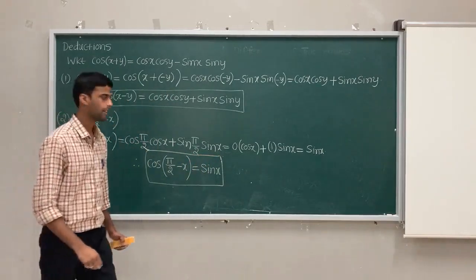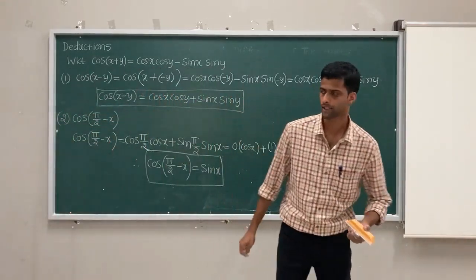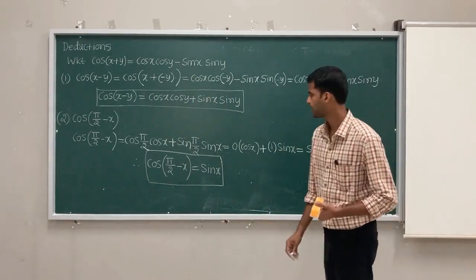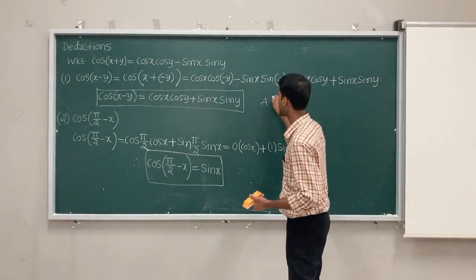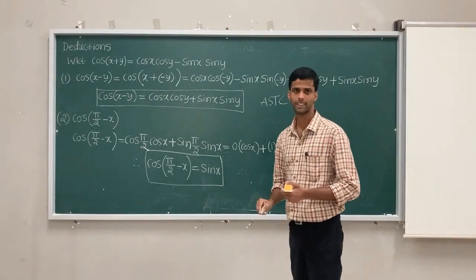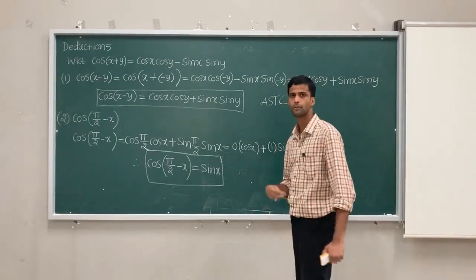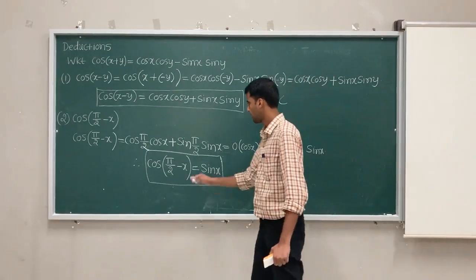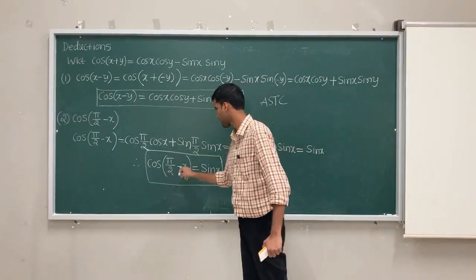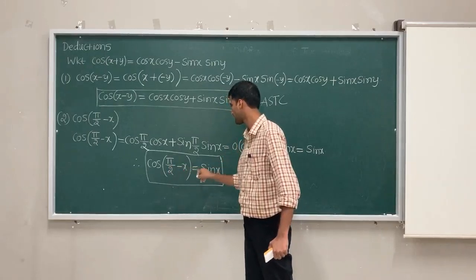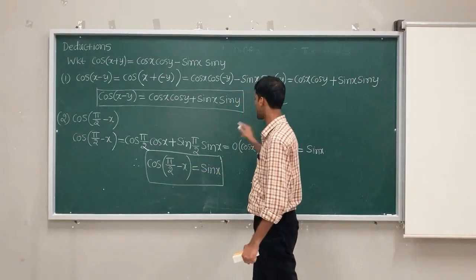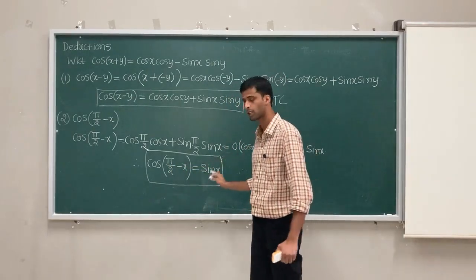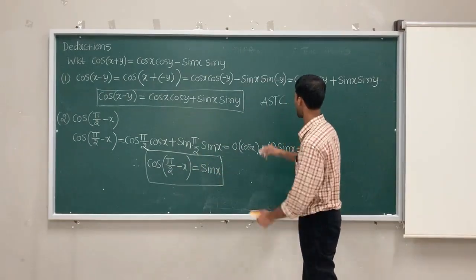Okay. Now, just a few days ago, I taught you regarding the ASTC rule. Yes, I solved a few questions. Now let me check. We already proved that cos of 90 minus x is sin x. Let me use the ASTC rule here, whether I will get sin x only or what. See here, it is for rough.